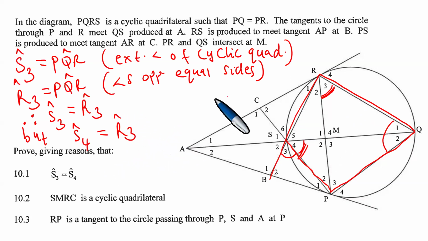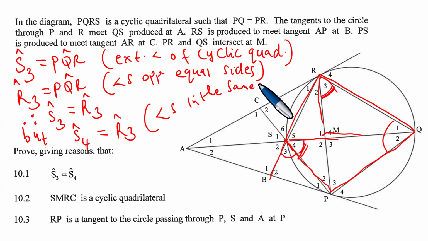Why is this the case? These are angles in the same segment. Angles in the same segment. But seeing these here, what is then the conclusion?